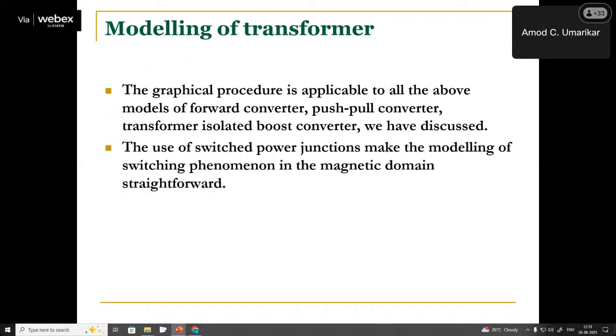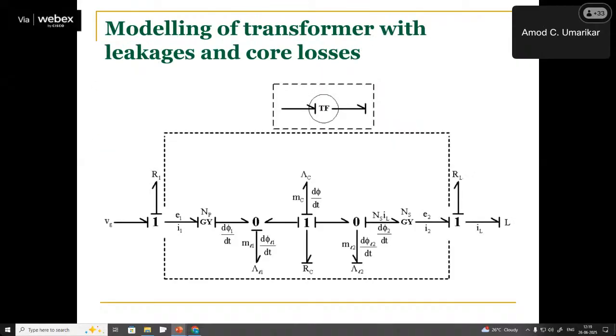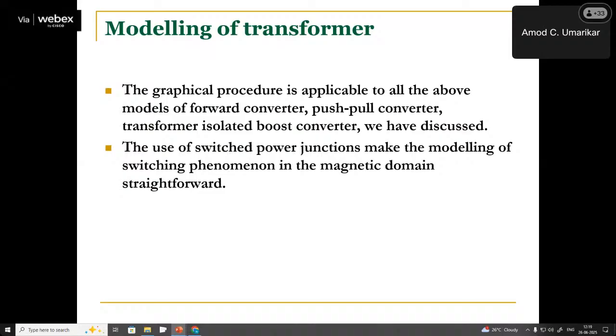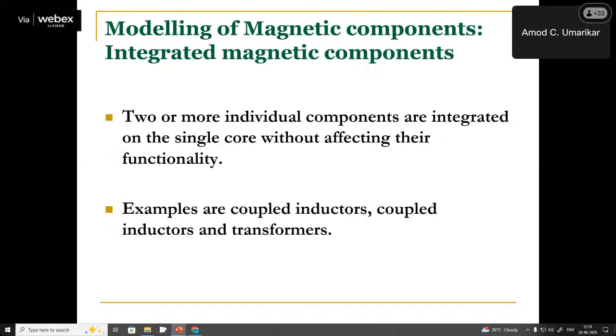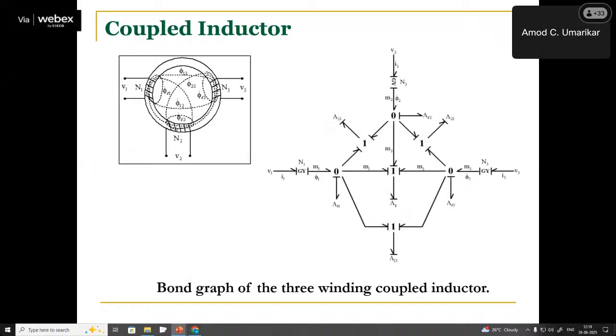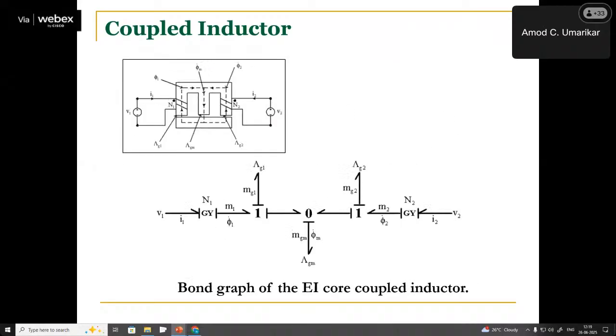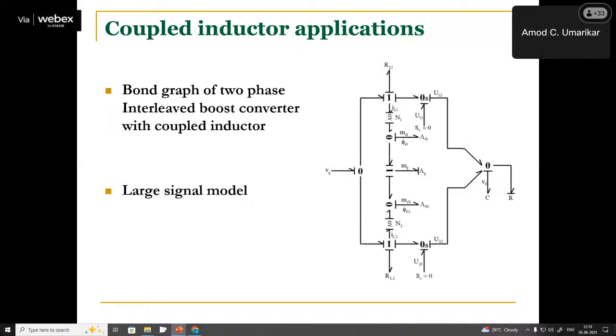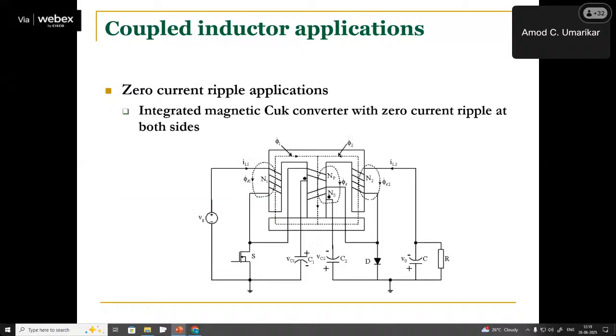You can see here, there are complex phenomena of switching as well as magnetic components. You can also model the integrated magnetic components with the bond graph, and you will get good insight when you model these components.